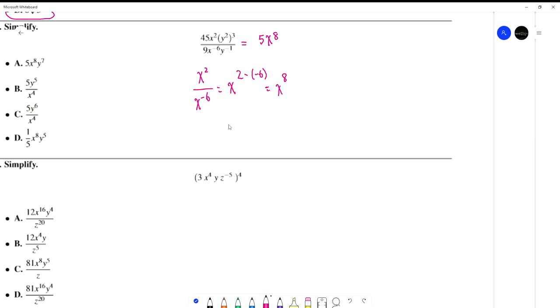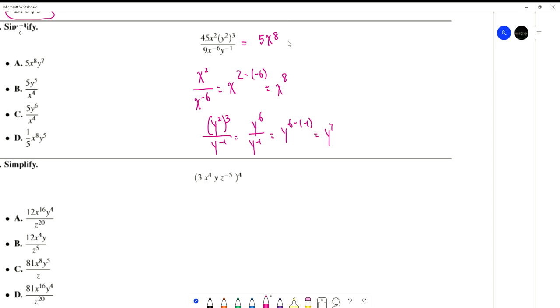And then I have y squared cubed over y to the negative 1. So this in the numerator is our power rule of exponents, so it's multiplication. Y to the 2 times 3 is 6 over y to the negative 1. And then it's the quotient rule. So y to the 6 minus negative 1 equals y to the 7th.